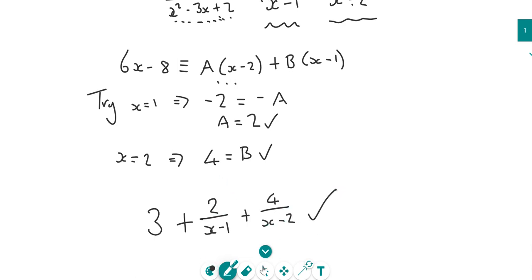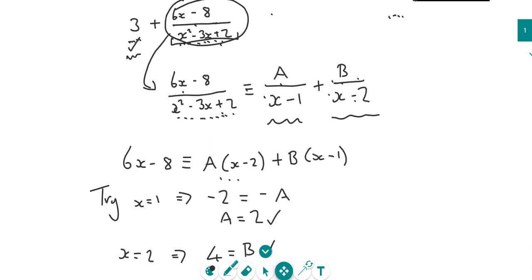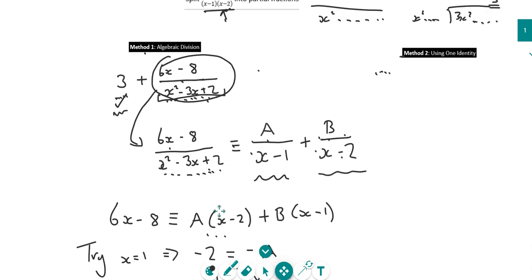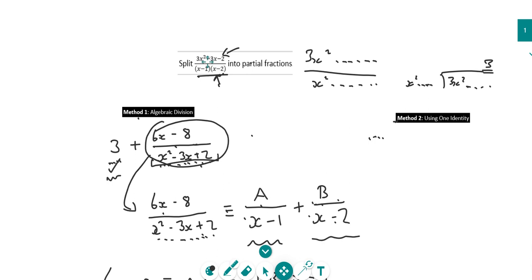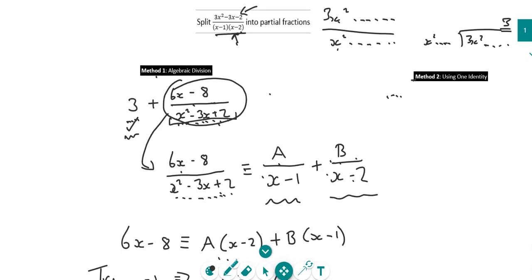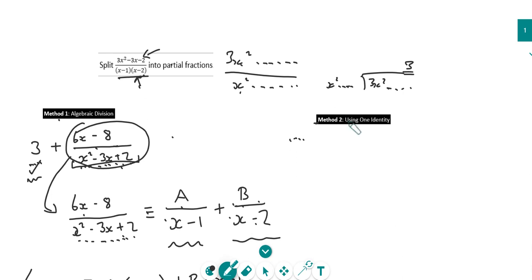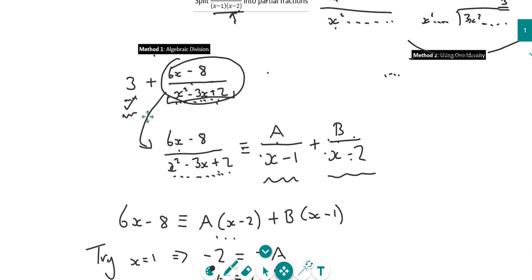Okay, and we're done. So what was different about this? There was a long division again with a top-heavy fraction. It's top-heavy because it has x squared in the numerator and denominator, even if it's hidden. As I was starting to do over here, you could do long division and you would get 3, and then you would have to stop, because you'd be trying to divide 6x by a higher power.